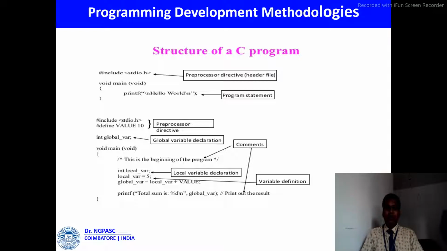The next one is the programming style. For example, void main. In order to print data or a solution, we have, for example, a hello world. Next, when we go for any global variable declaration or local variable declaration, we have to declare the variables.